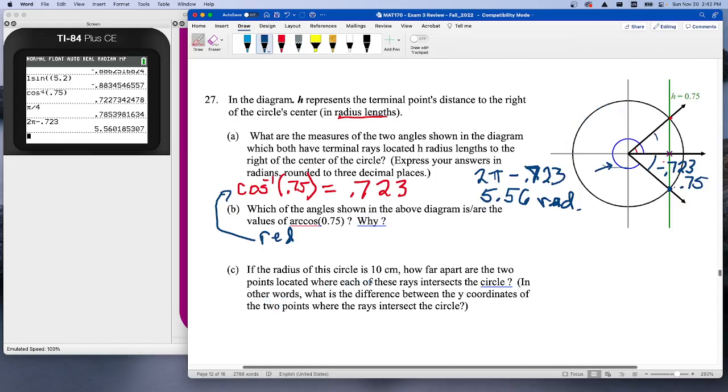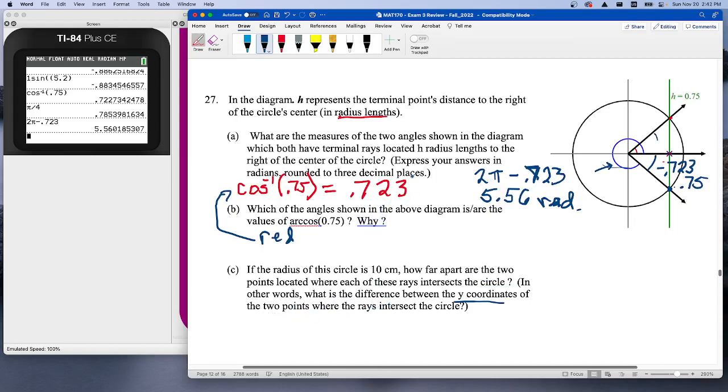So if the radius of this circle is 10 centimeters, how far apart are the 2 points located where each of these rays intersects the circle? In other words, what is the difference between the y-coordinates of the 2 points? So we're looking for the y-coordinates of these 2 points.